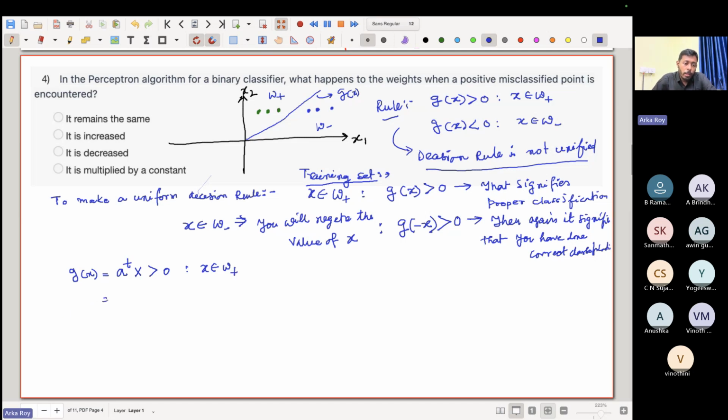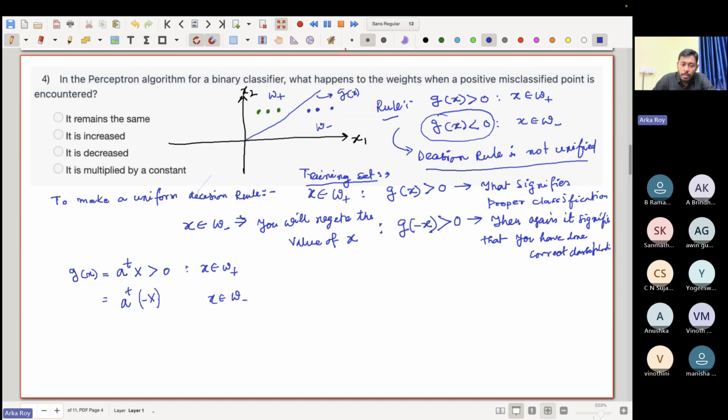Now what you will do when x belongs to omega minus? Generally, when x belongs to omega minus, it should give you g of x less than 0. Now, to remove this particular criteria, instead of x, you will be passing minus of x. Initially it was giving less than 0.